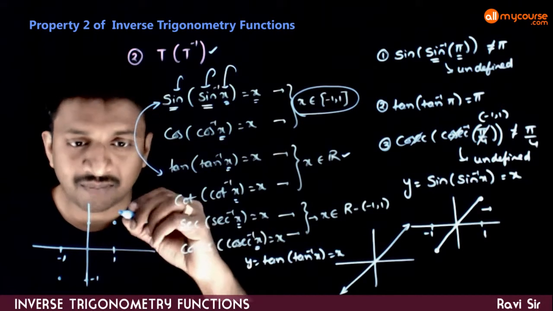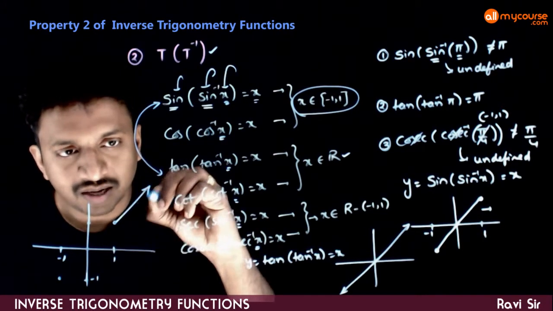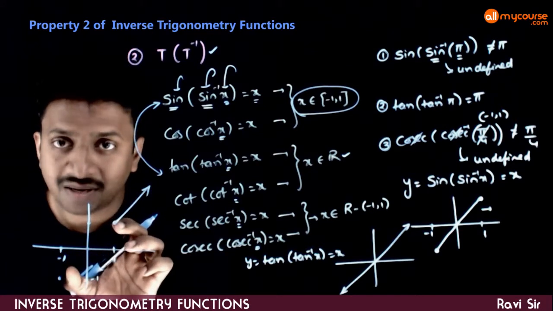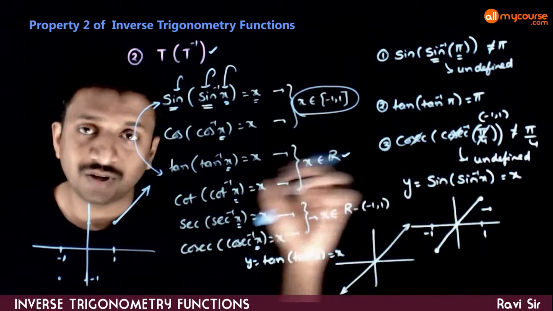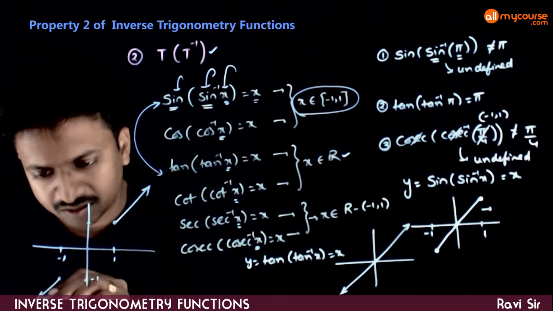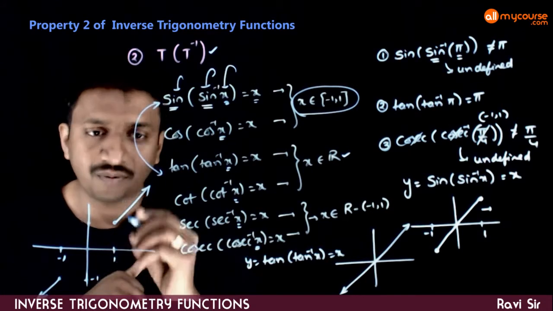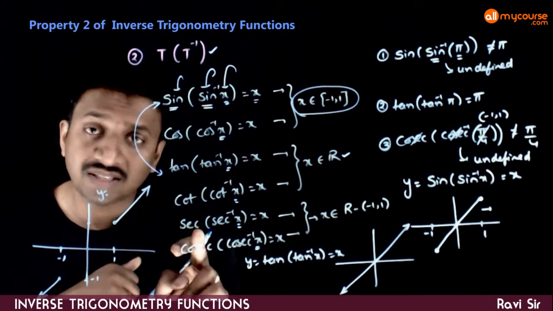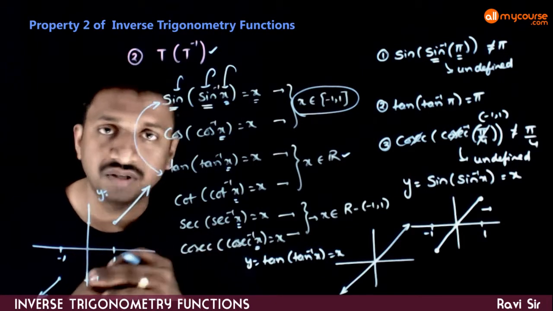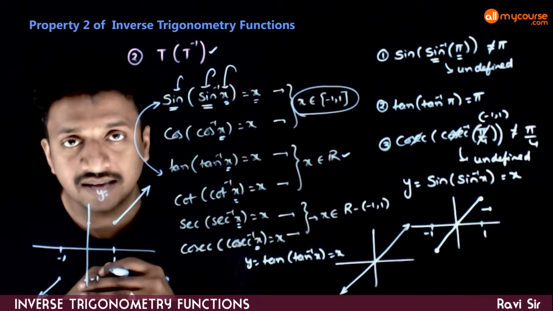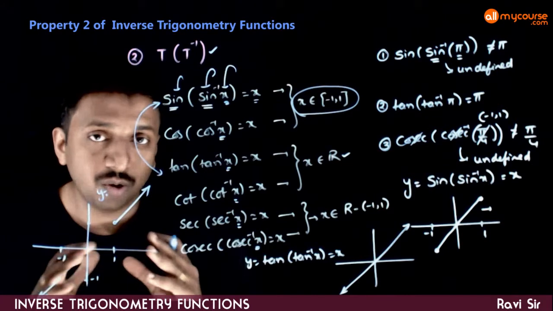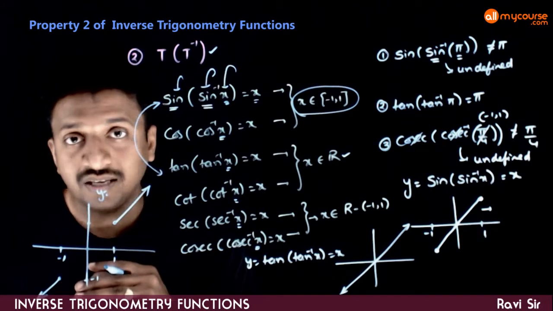Again, this graph is same as y is equal to x, but except this line segment which corresponds to sine. So you get graph like this for y is equal to secant of secant inverse x or cosecant of cosecant inverse x. So I hope you understand what this property says.